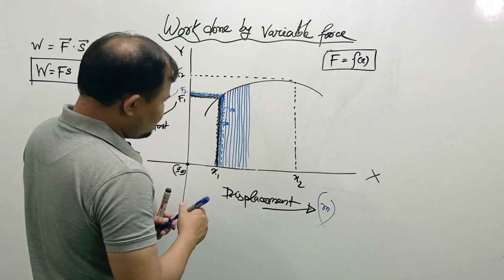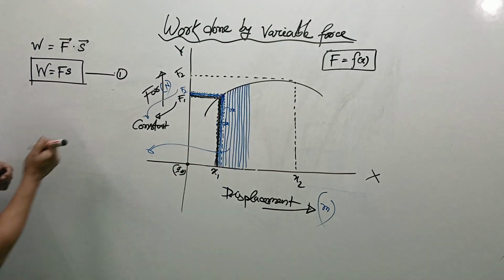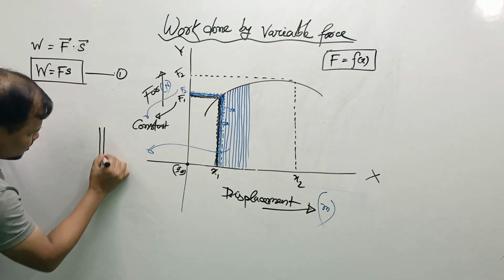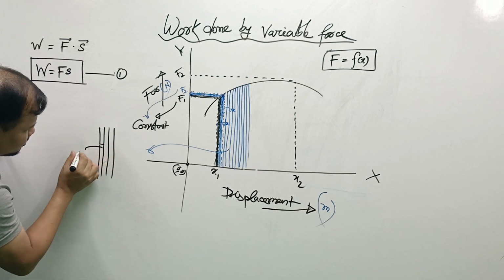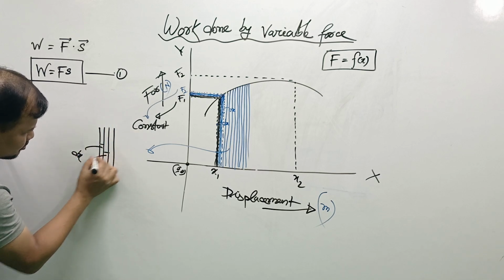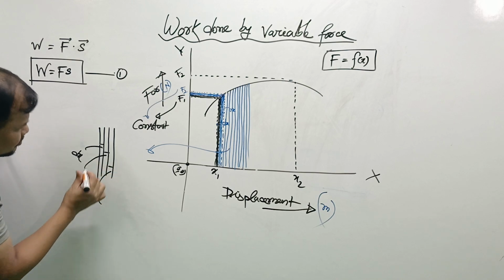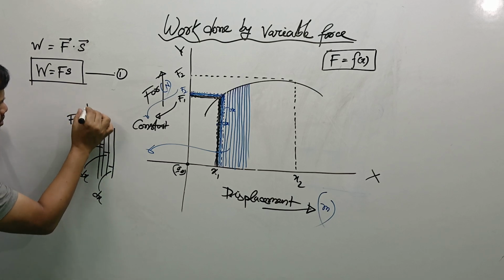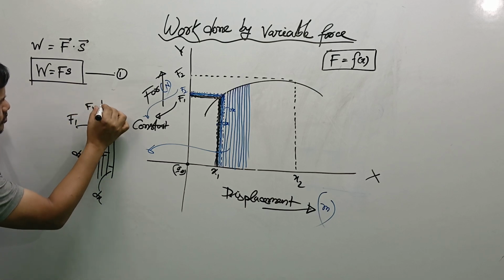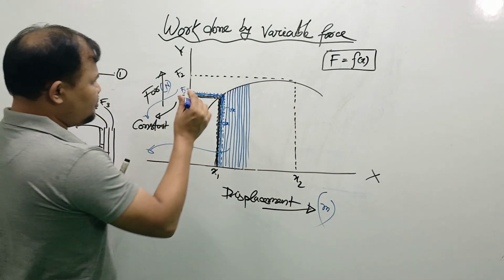Suppose we zoom into this section: this displacement is dx, this displacement dx, this displacement dx. Because of the first displacement the force is F1, because of the second displacement the force is F2, because of the third displacement the force is F3. In this way we divide it into many parts.